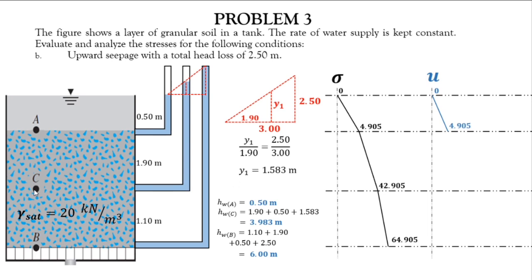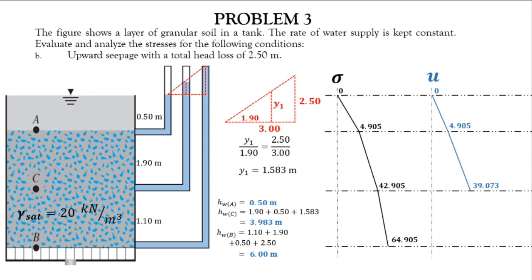Ngayon, dito tayo magbabago sa point C. Kasi sa point C, 9.81 times the height of water at piezometer C. So, ito yung 9.81 natin, the unit weight of water. Ano nga ba yung height ng tubig sa piezometer C? Ito na-solve natin, 3.983. So, kunin mo lang yung product ng dalawa para sa pore water pressure at point C. And that is 39.073.